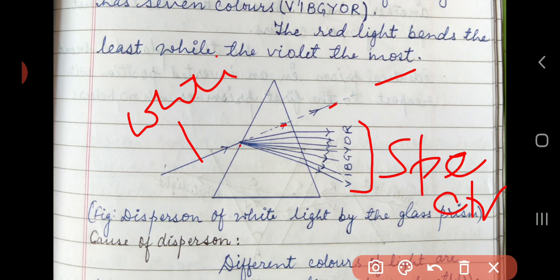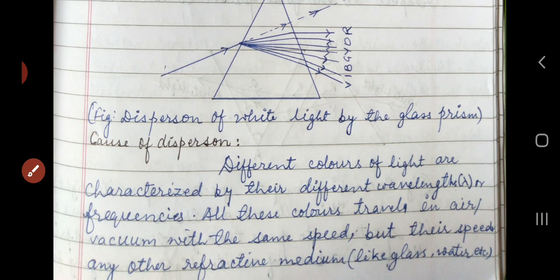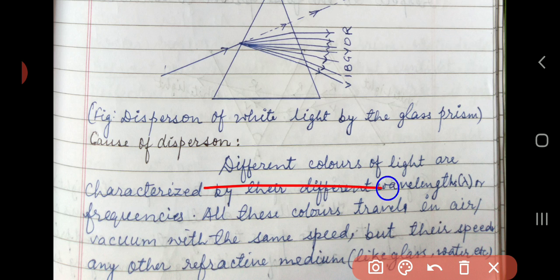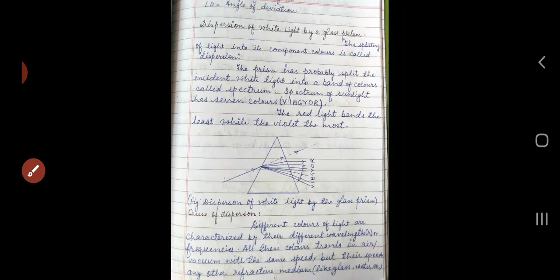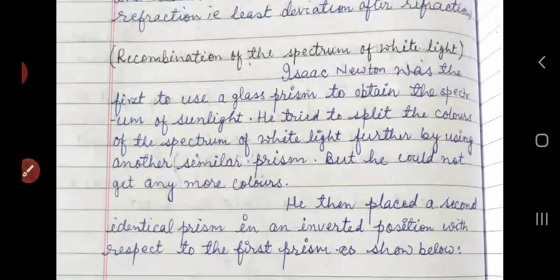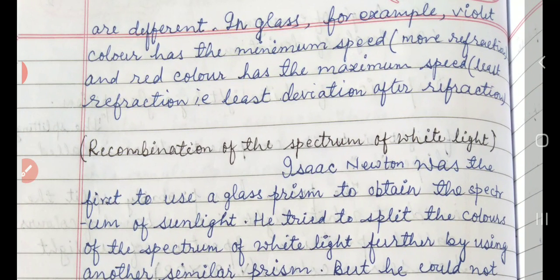So why is this light splitting? The cause of the spectrum is that different colors have different wavelength or frequency. On the basis of their wavelength and frequency, they bend at different angles when passing through the prism.